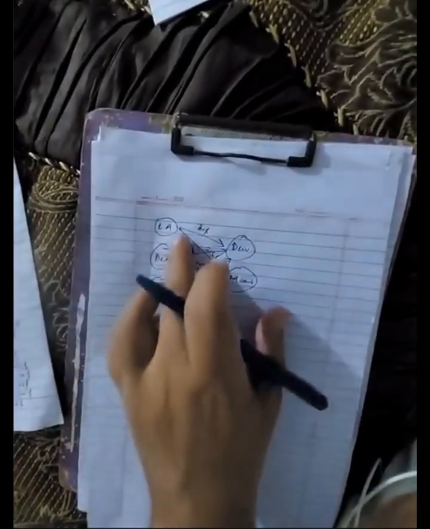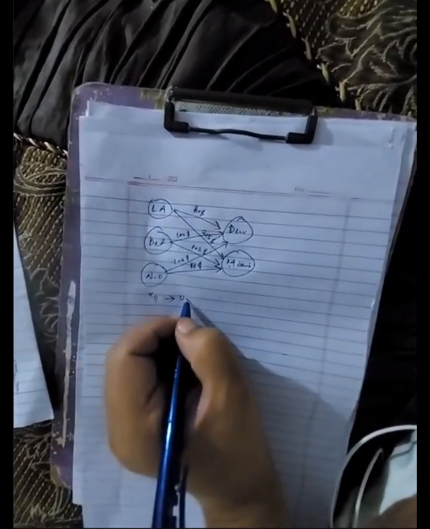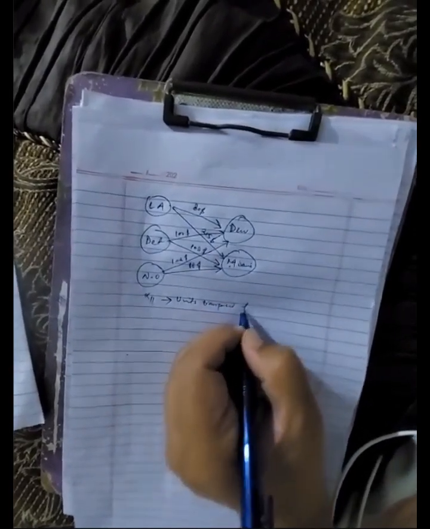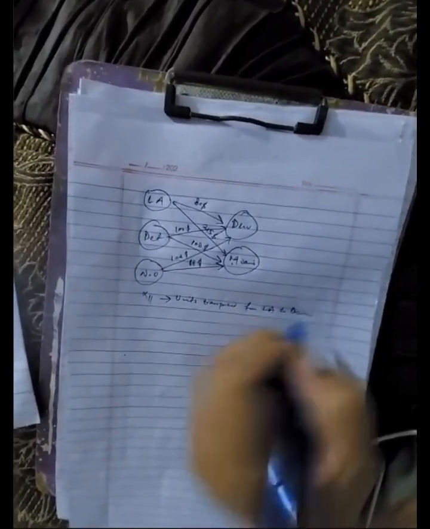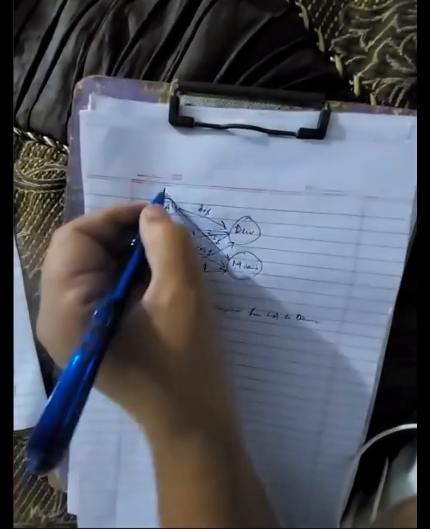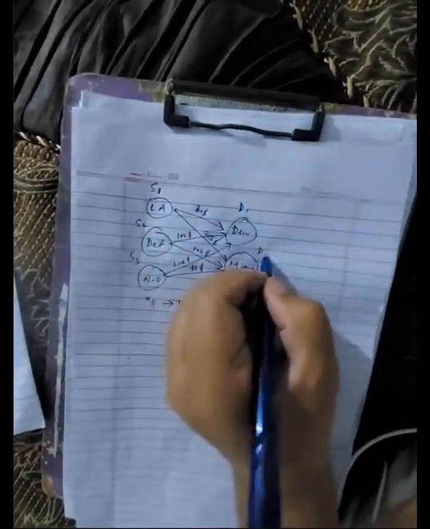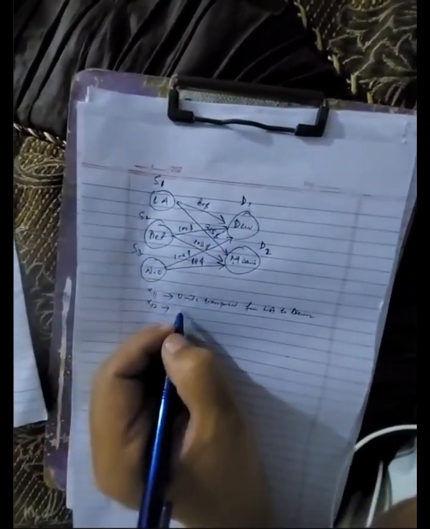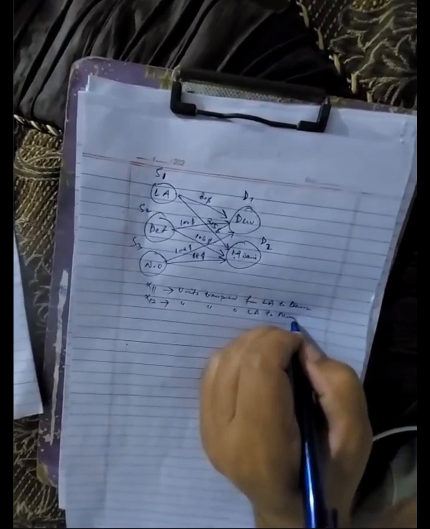Now let's suppose that X11 is the units transported from LA to Denver, and this is source 1, source 2, source 3, and this is destination 1 and destination 2, and X12 is equal to units transported from LA to Miami.